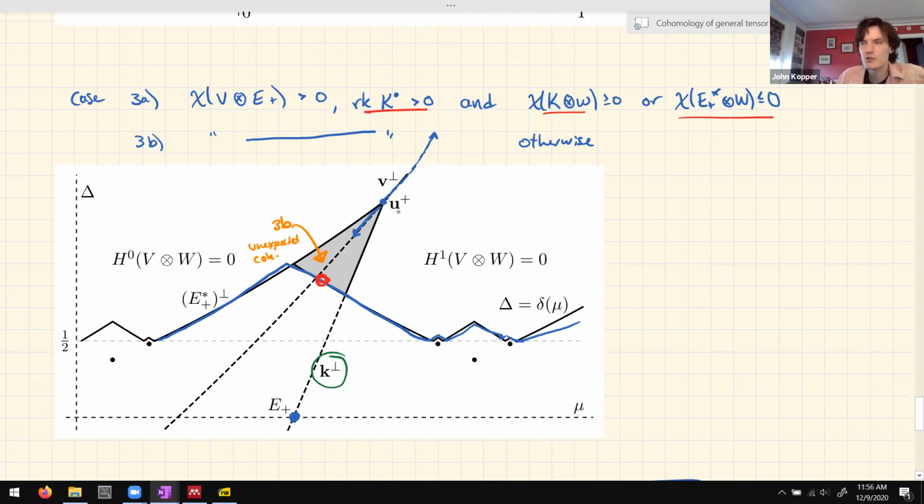So U plus is extremal in some sense among Chern characters for which the cohomology is expected. And since it lies on the parabola orthogonal to V, it's saying that the general element of this moduli space has no cohomology when tensored with the general element of V. And so this maybe justifies this thing somehow telling me about the edge of the effective cone, so that this thing is extremal along this.